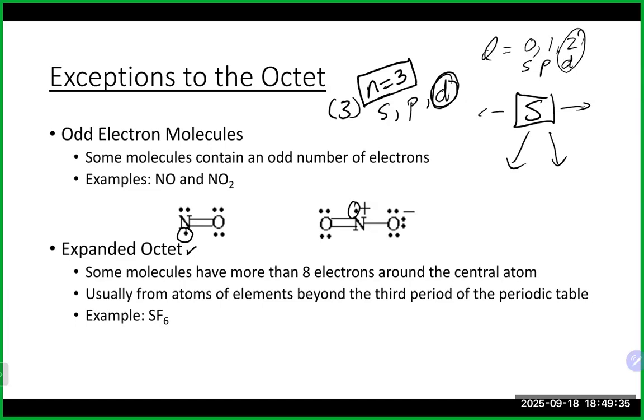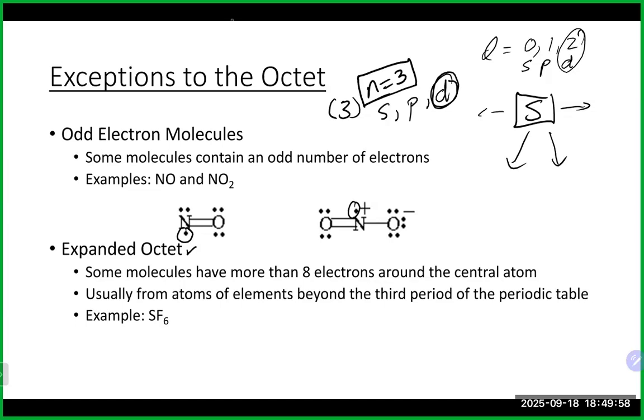Because they have the d orbitals available to them, they actually have a place to stash the extra electrons. So again, sulfur to the left, to the right, and down, really in the non-metal region, have the ability to do that.